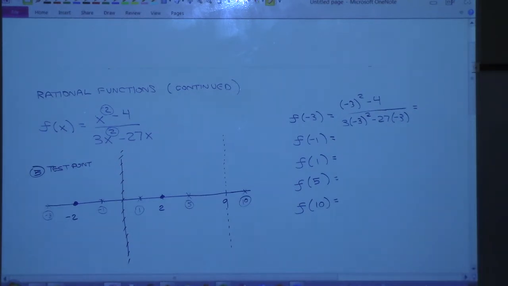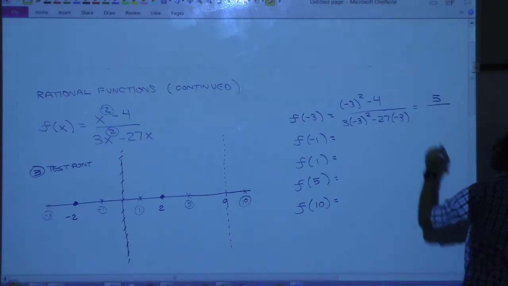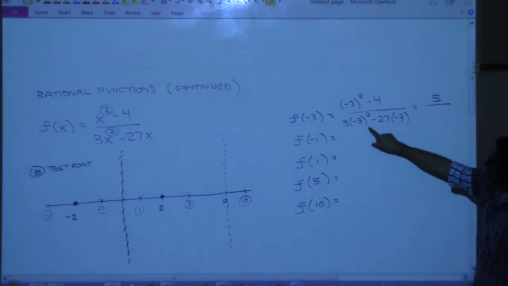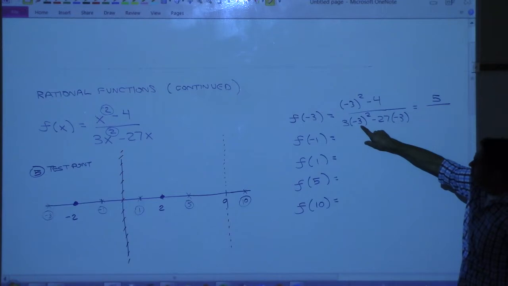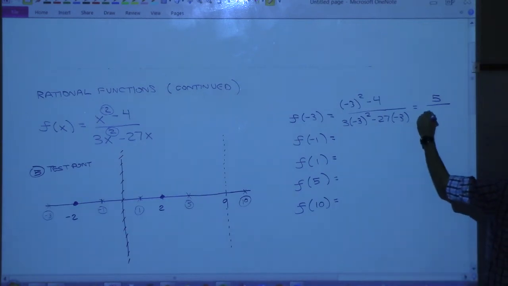My numerator turns out to be 9 minus 4. Y'all agree? You're squaring the negative, so this is going to be 9, then take away 4, so you have 5 up here. And then the denominator, order of operations, square the negative 3 first, that's 9, times 3 is 27. So you get 27.